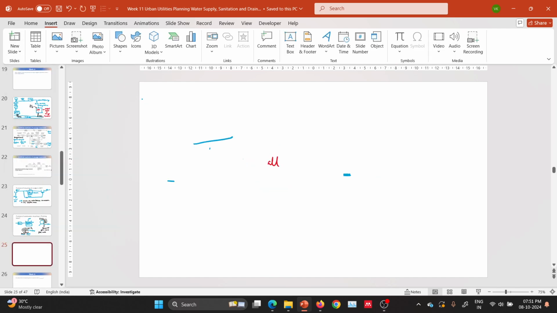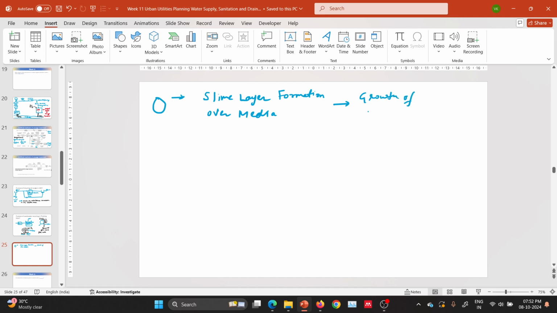So how can I write it? Over this filter media, first slime layer formation occurs over the media, and then due to the growth, one layer is anaerobic and one is aerobic.